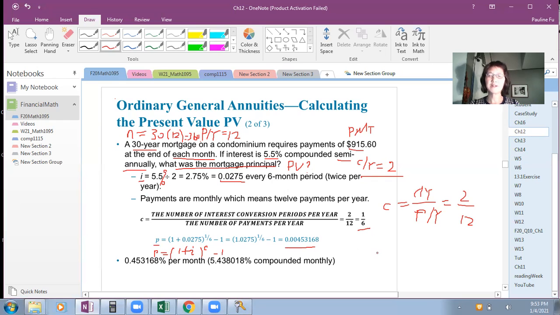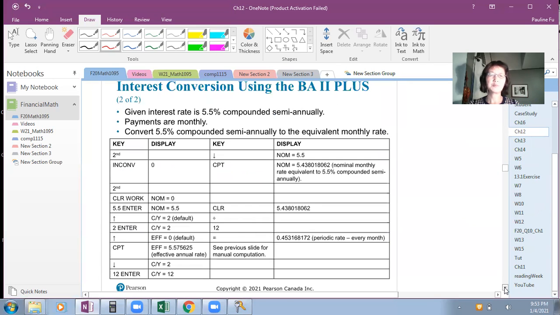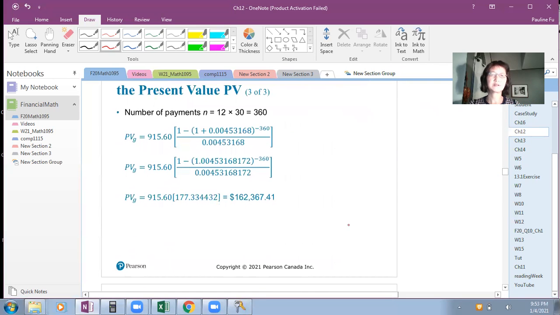And once you get this P value, you use the formula for present value. PV equal to PMT times 1 minus 1 plus P raised to power negative n, where n equal to 360. Why?